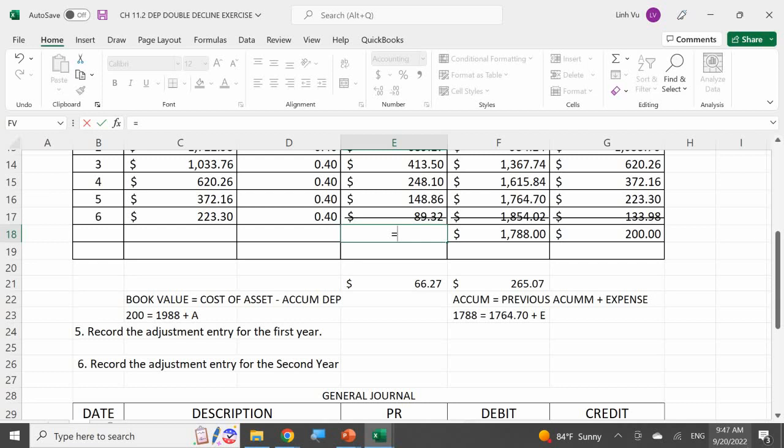How do I get to 1788? What number do I need to add to make it to 1788?